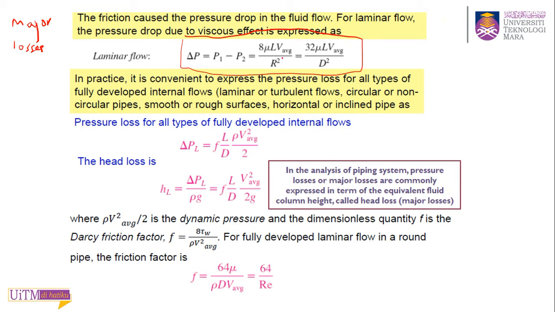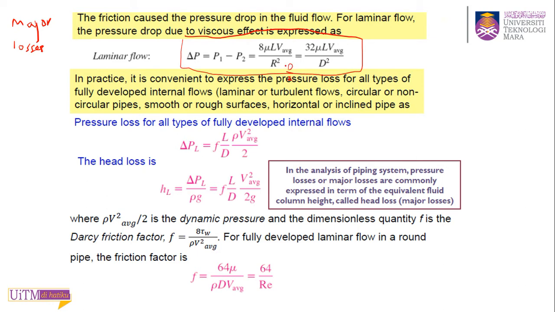Or we can write this equation in terms of diameter, because R is D over 2, so you can do that as well. That's why you get 32 mu L times V over D squared.